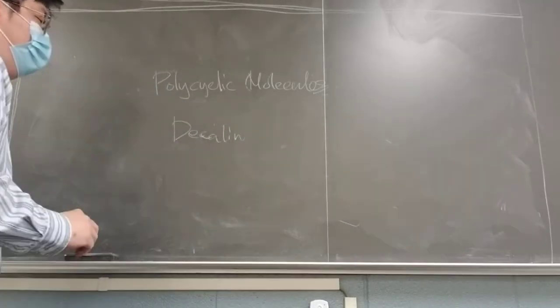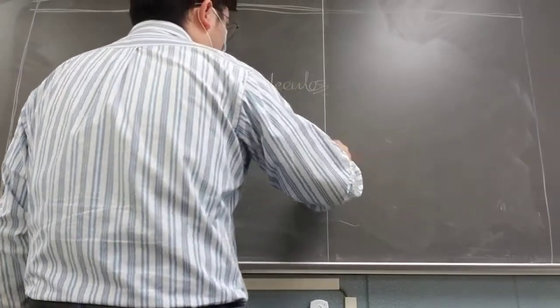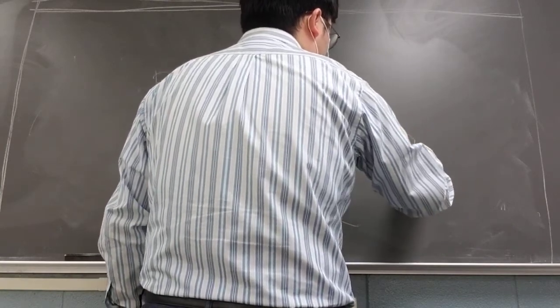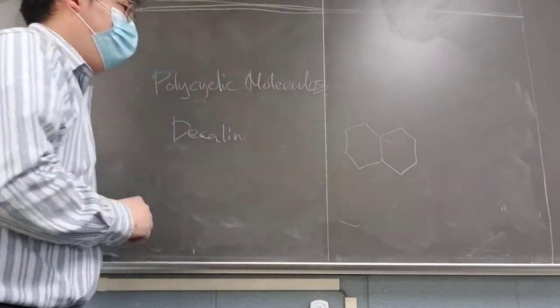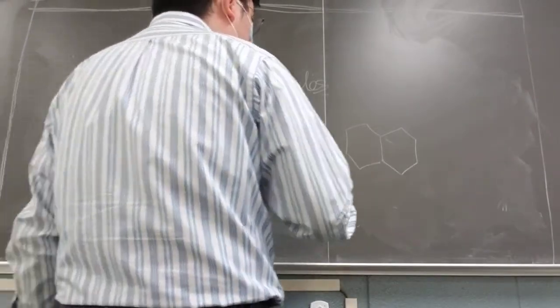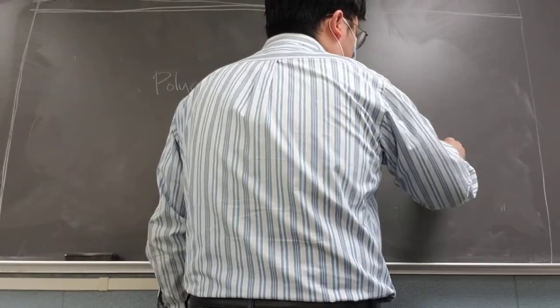So decalin simply is we talk about the cyclohexane form over here, and you just try to put them together. So you're going to have this form here, and then you can actually draw two forms there.